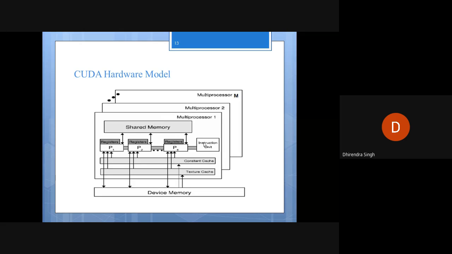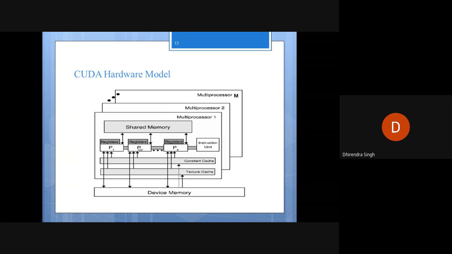And that instruction will be issued from our instruction unit. You have a program, and that program has multiple instructions. So one instruction will be issued by this instruction unit, and all these processors will execute the same instruction, but they are going to work on different data.